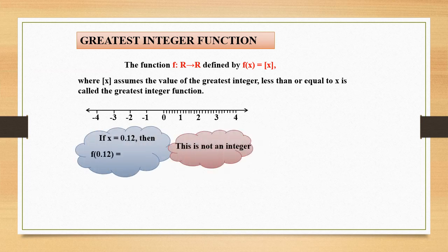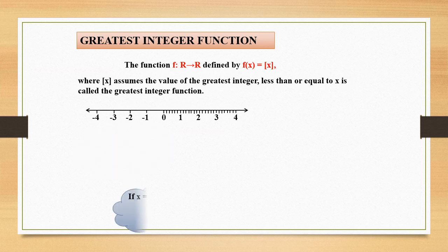Next, if x is equal to 0.12, then f of 0.12 is equal to step function of 0.12, which is again equal to 0. So if x is equal to 0.99, again the value of greatest integer function will be 0.